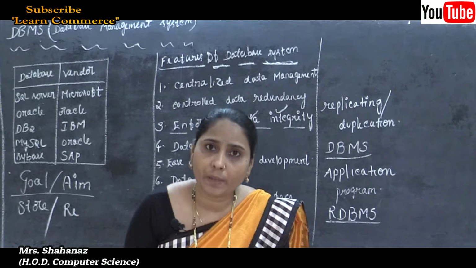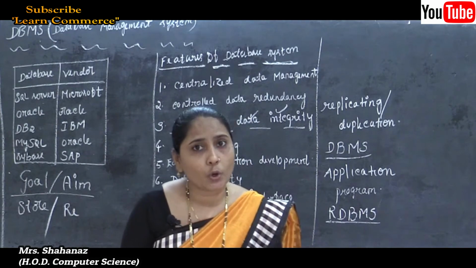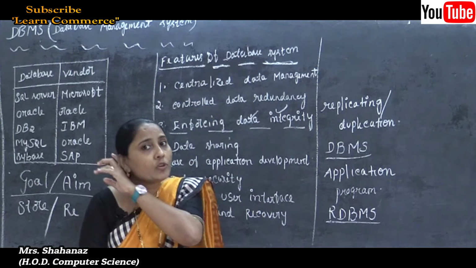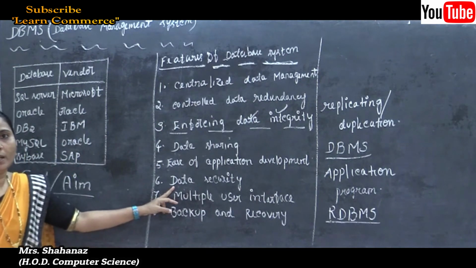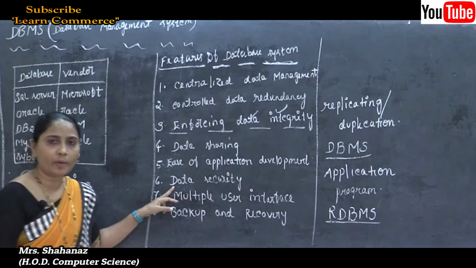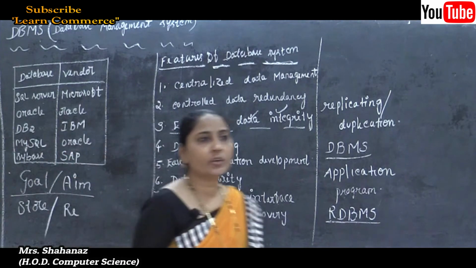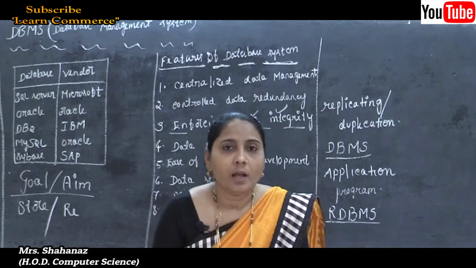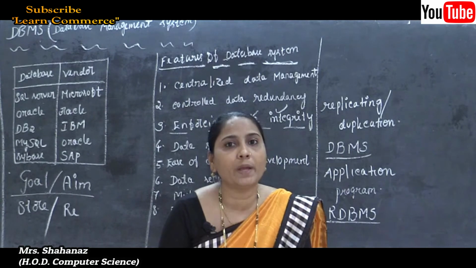So in our DBMS or database concept, the data is stored centrally. But also enforcing the data integrity constraint is much easier. That means our DBMS also provides protection, as I already said, security to the database. So enforcing the data security constraint is a much easier task for the RDBMS.